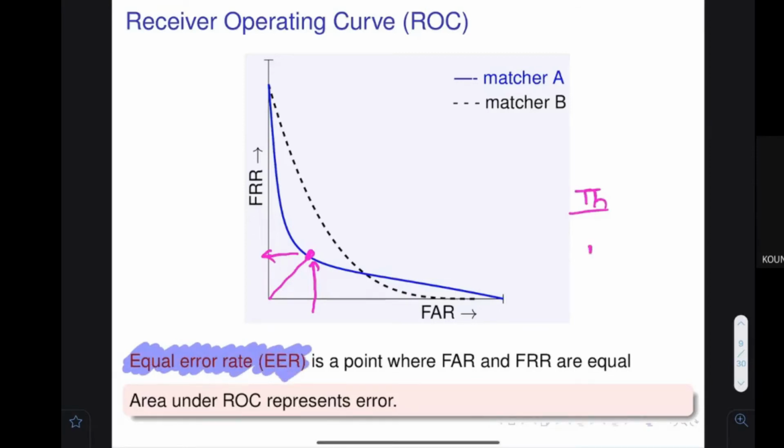Okay, FAR plus FRR by 2 is the EER. And as I told you, FAR and FRR are the same, so you can take either FAR or FRR, both values are going to be the same. But sometimes it is difficult to find the point, because if fewer points are there, then you may not find the point where those two are the same. In that case you can take the average and report it. Okay, any questions here?